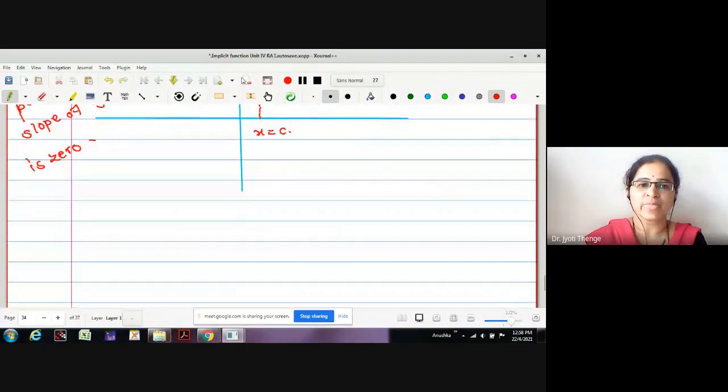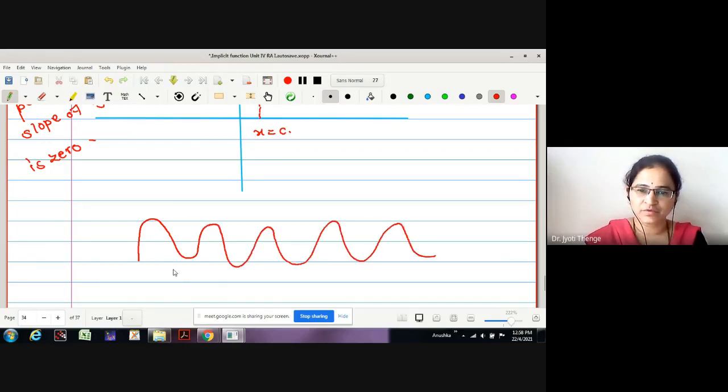Suppose the nature of my curve is somewhat like a sine curve. Therefore, we will collect all the points at which the slope of the tangent is 0.